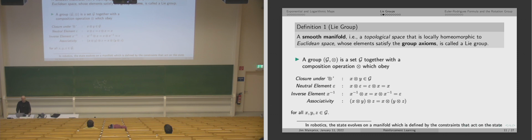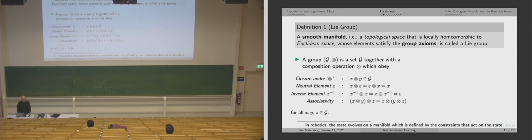It has a neutral element. We talked about this in the early lecture. The neutral element means that if you compose one element from that set with the neutral element, it's going to spit out the same element. It has an inverse element, and that's where we use the neutral element to introduce that, meaning that every single member of the group can be composed with its inverse to generate the neutral element.